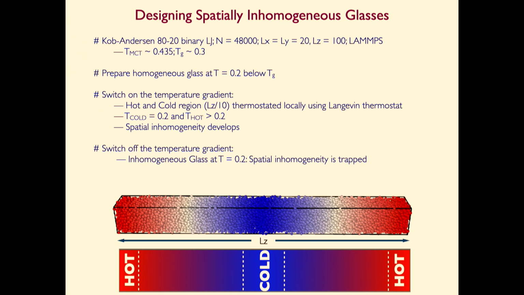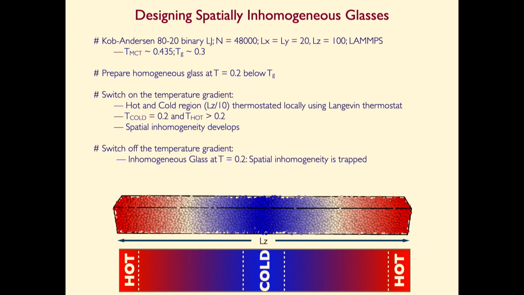We first prepare a homogeneous glass at temperature 0.2, which is below the glass transition temperature, and then we apply a temperature gradient by following this protocol where we do local thermostating at the temperature at which we prepared the glass, which is 0.2, near the colder end, and this hotter end is kept at a slightly higher temperature than 0.2, and in this way a temperature gradient is generated from this region to this region and this region to this region, and some inhomogeneity is developed in the material.